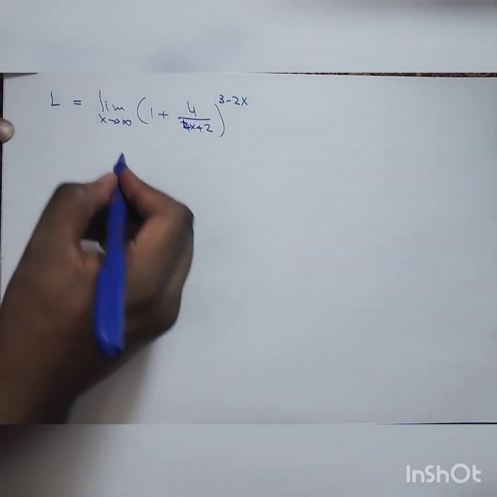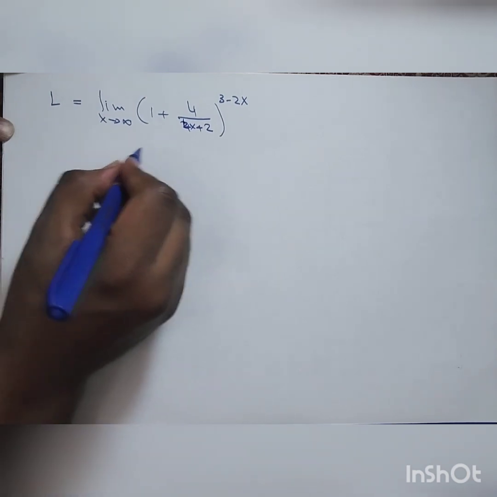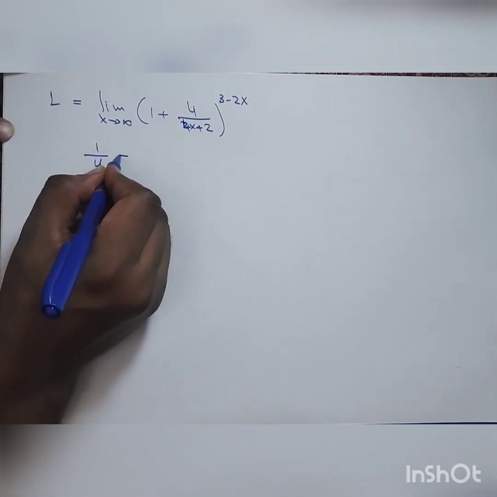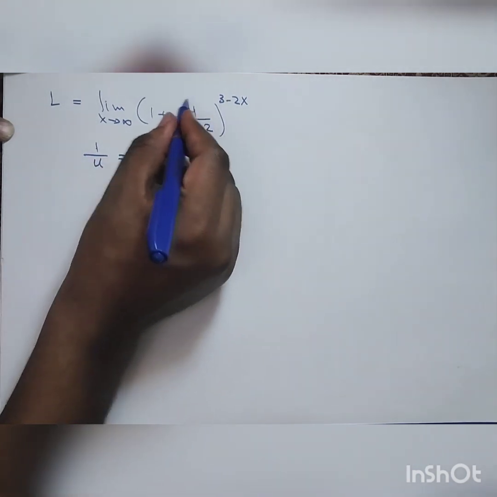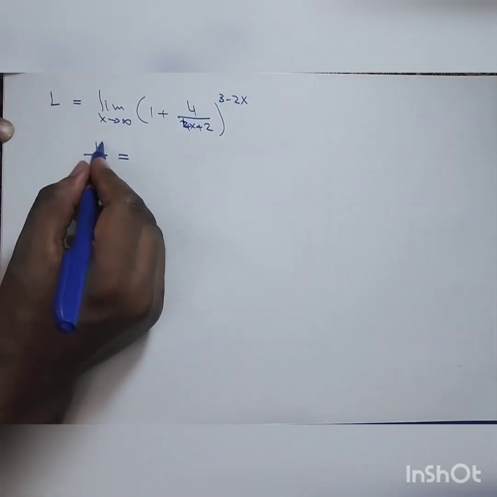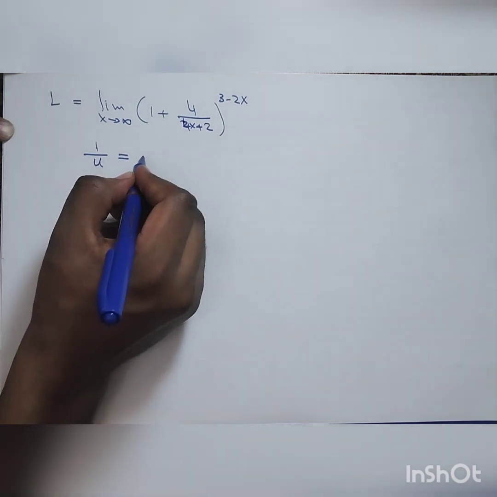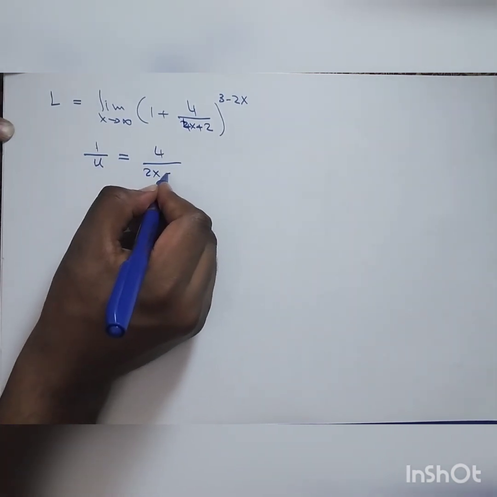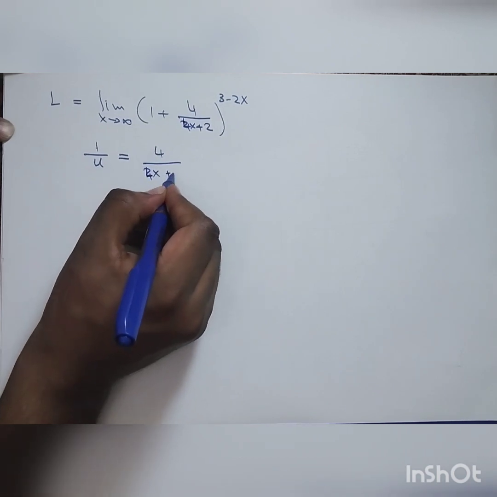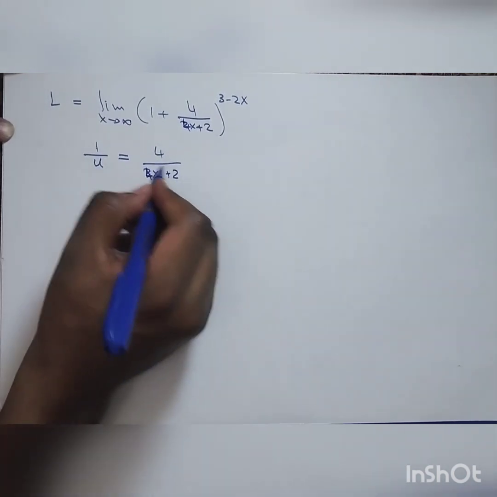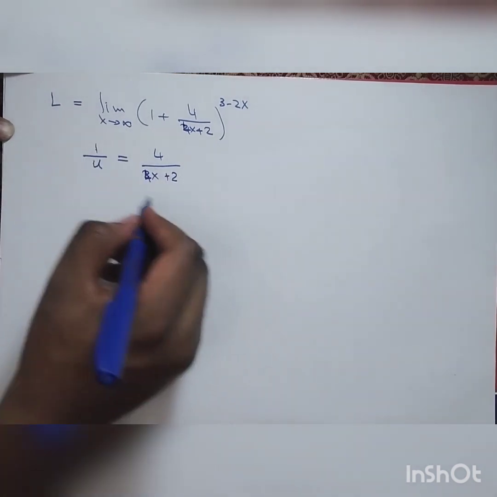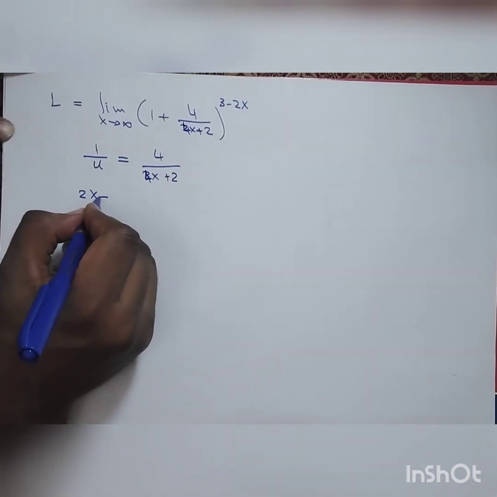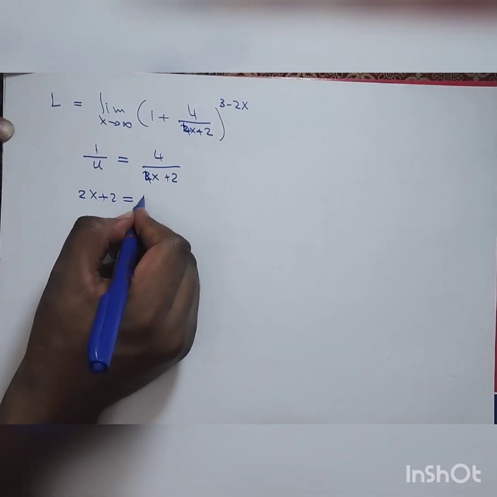Okay, so now, as we did before, we need to put this as follows. Everything here we need it to be 1 over u. So that means we have 4 divided by (4x plus 2) equals 1 over u. Cross multiplying again, we get 4x plus 2 equals 4u.